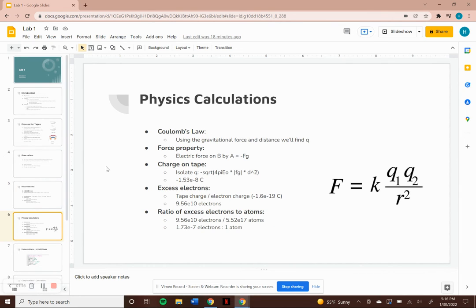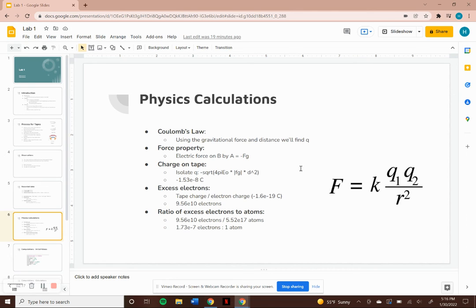For our physics calculations, we see here that using Coulomb's law, we will use the gravitational force and distance to find Q, which is a charge. Here is the equation we will use. In this scenario, we're going to replace Q1 times Q2 with just Q squared because, as stated before, they have the same charge. A force property will let us know that the electric force on B by A is just negative gravitational force, because those forces are equal yet opposite in magnitude.